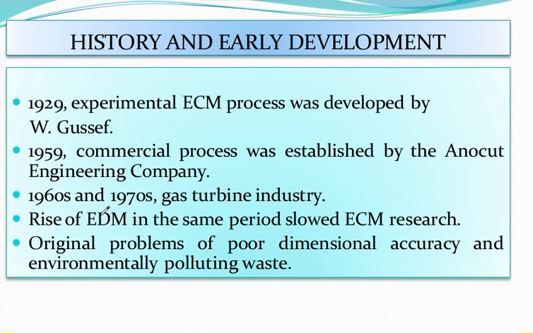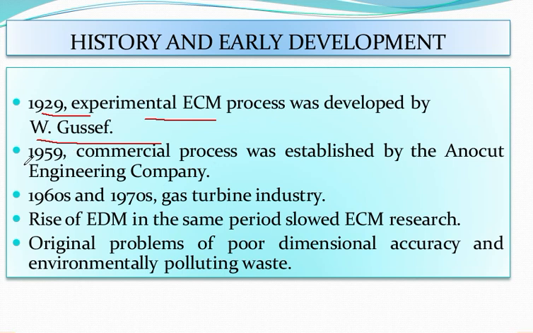Now let's have a brief look at the history and early development of the electrochemical machining process. In the year 1929, experimental electrochemical machining was first introduced by W. Gussif.